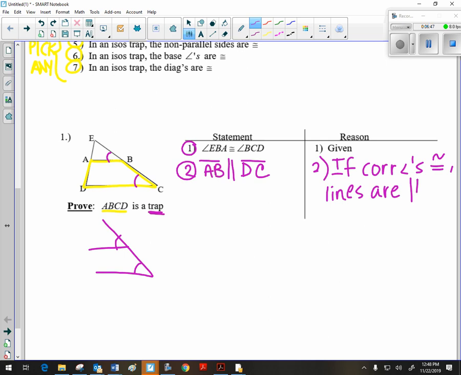And any angles that fall on the F shape, the angles in the little pocket of the F, are corresponding angles.